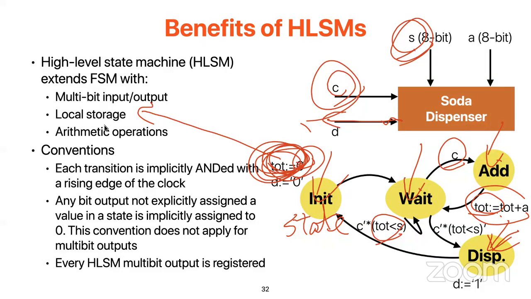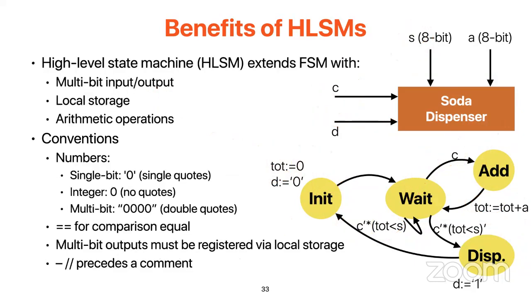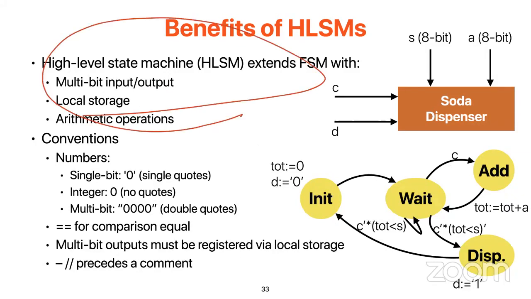But if you remember what's going on in your finite state machine, when we transition, it's always C or C prime, instead of something like C is smaller than this number, right? So this is the high-level state machine representation. It extends the finite state machine, and there are some conventions.